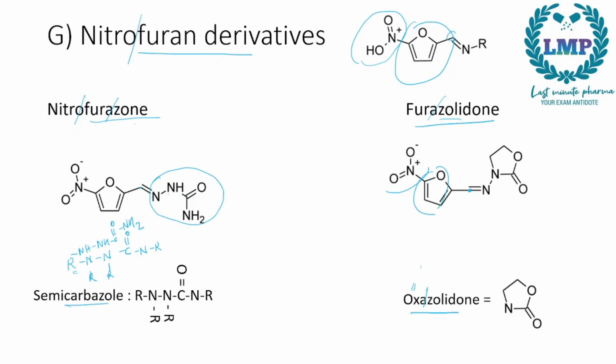Oxa is oxygen, aza means nitrogen, and one implicates a ketone. So we have nitrogen and oxygen at alternate positions, and in the middle we will have a double bond O, that is for the ketone. Instead of the R group, we will attach the oxazolidone through the N, attachment through the N. So we have N, O, double bond O. So this is our furazolidone.